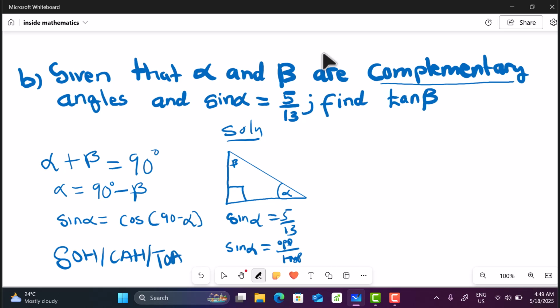So in this concept, it tells us sine is equal to opposite over hypotenuse, as you can see. So the opposite side is here, which is 5, and the hypotenuse is 13. So the sine alpha is giving us this.